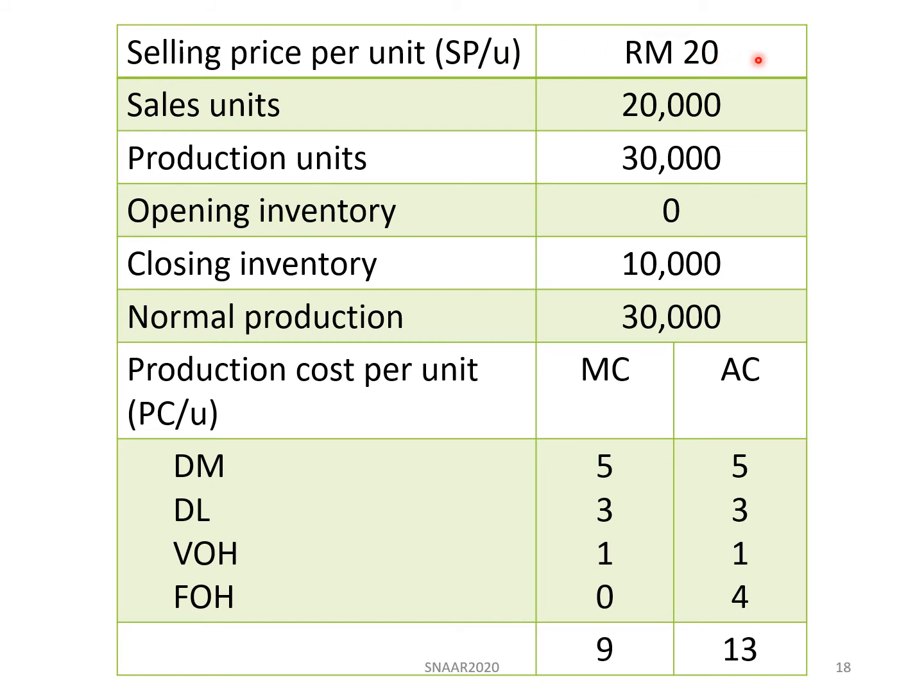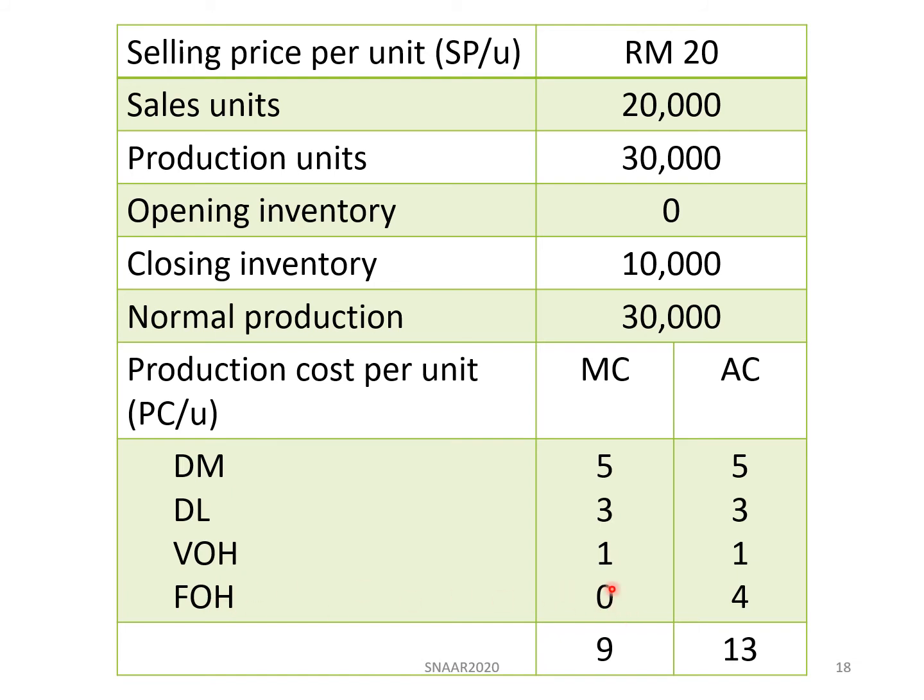So the selling price per unit lah RM20, sales unit adalah 20,000, production unit adalah 30,000, opening inventory dia kosong, closing inventory dia 10,000, normal production dia sama macam production unit 30,000, dan dia punya production cost per unit under MC and under AC. So kalau under marginal costing, dia akan kira setakat variable cost sahaja. So you punya variable cost untuk marginal, direct material, direct labor, variable overhead. So fix ni dia tak akan masukkan.